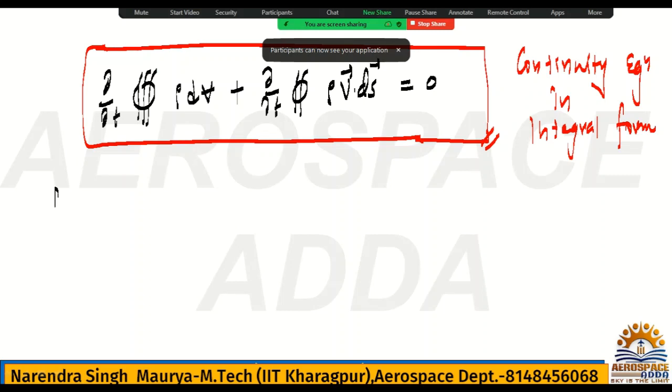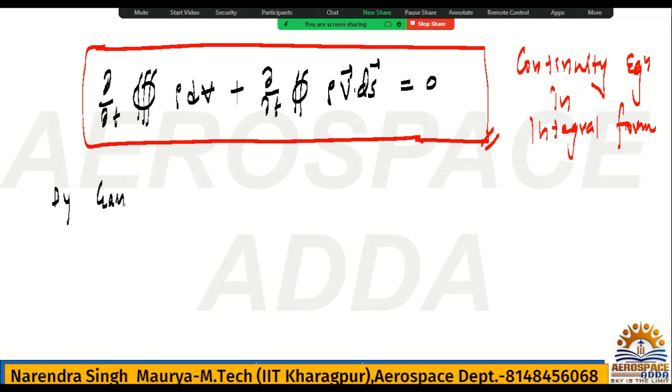So you can write here, by Gauss divergence theorem. What is the Gauss divergence theorem?